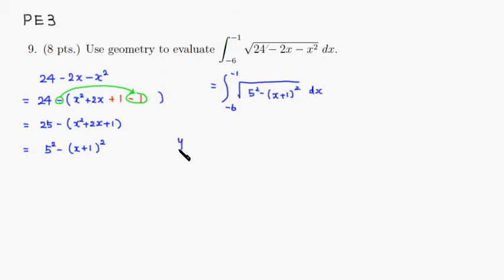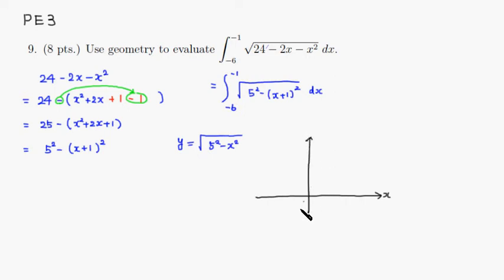What if we had y equals the square root of 5 squared minus x squared? This is going to be a semicircle, an upper semicircle with radius 5. So it's going to look like this. Here is the x-axis, and here is the y-axis.